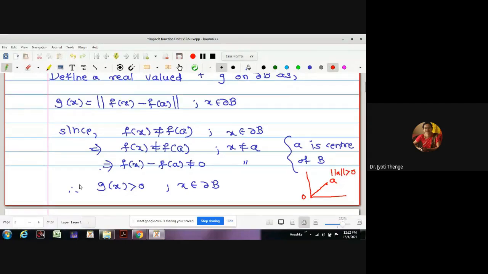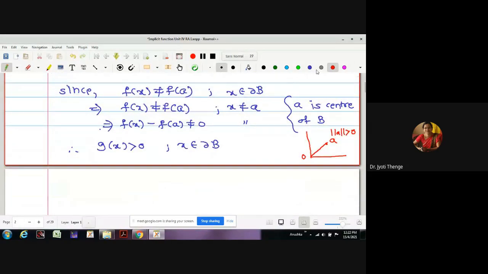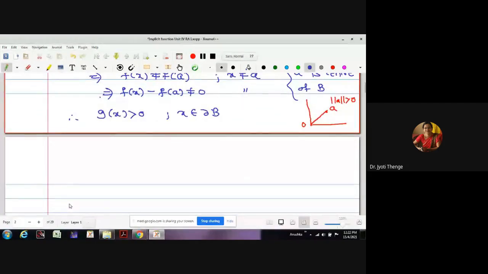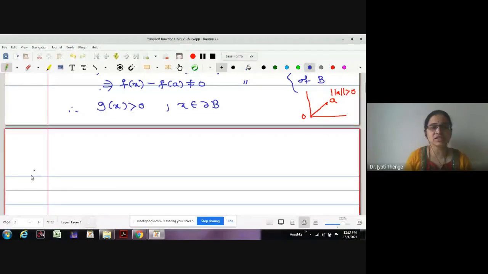Therefore, g of x is a positive function. If you are having a difficulty at any stage, you can just stop me and ask. Any doubt about this? Good.